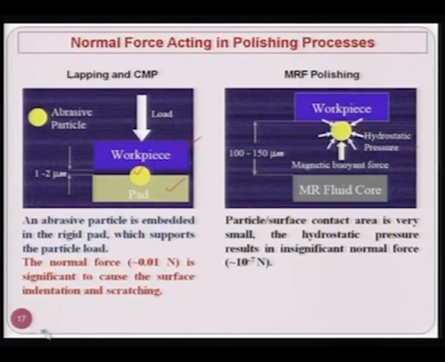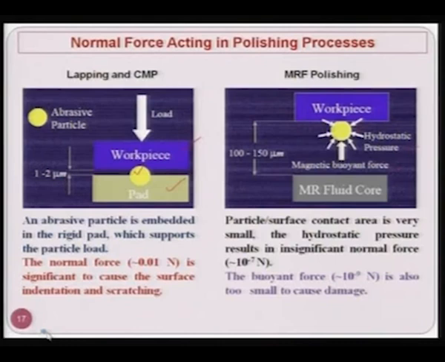So, there is a significant difference in the magnitude of the force that is acting on the workpiece surface through the abrasive particles. The buoyant force, which is another constituent of the normal force in case of the MR finishing process, or magnetorheological fluid polishing process, is 10 raised to minus 9, which is still smaller than the hydrostatic pressure, and is also too small to cause damage.